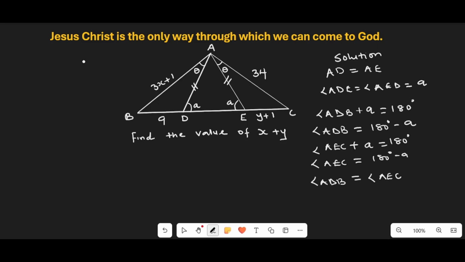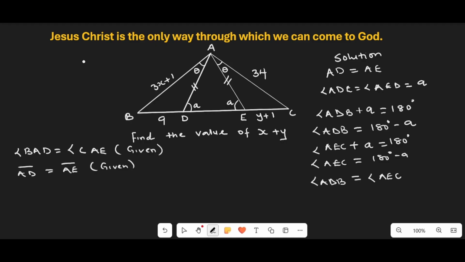In the question, it is given to us that angle BAD is equal to angle CAE. It is given. Also, line AD is equal to line AE. It is given in the question.